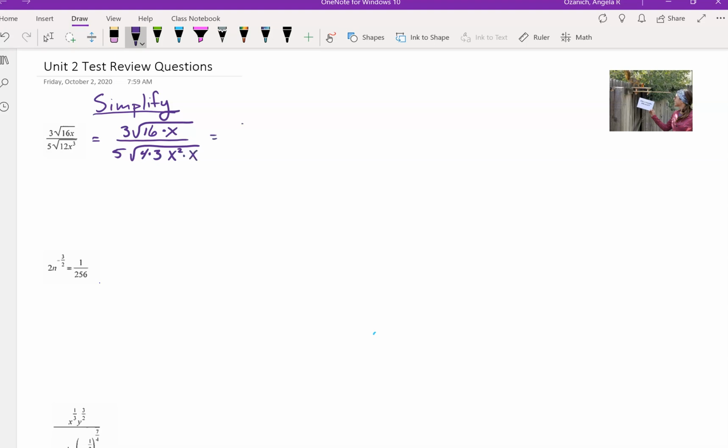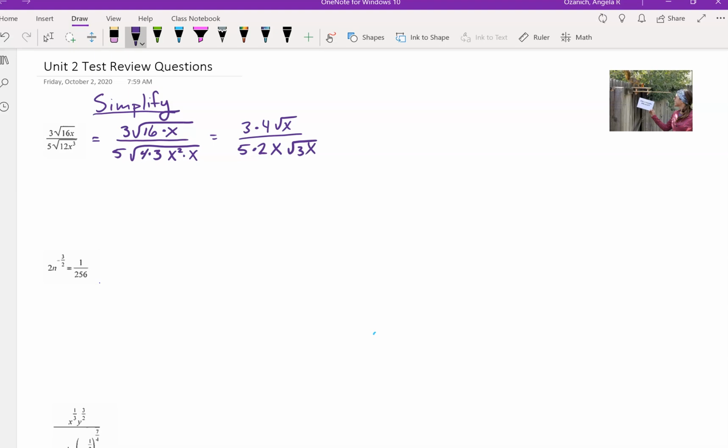So when I simplify, on the top, I'm going to have 3 times 4 on the outside of my radical. And down here, I'm still going to have my 5. Square root of 4 is 2. Square root of x squared is x. And I'm going to be left with a 3x underneath my square root.